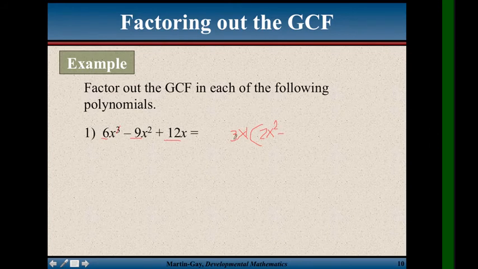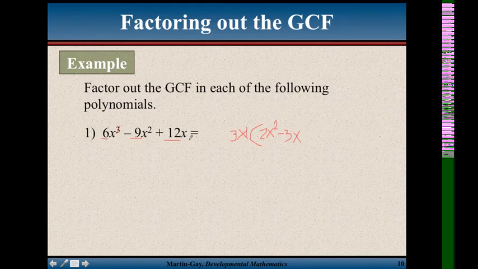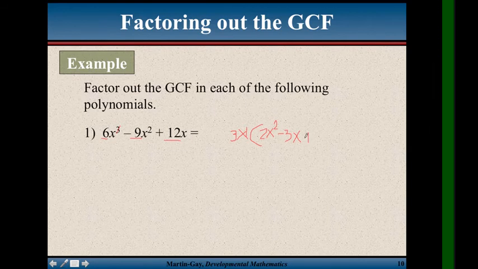Okay, so negative 9 divided by 3 is negative 3. And then how many x do we have? That's 2. 2 minus 1 is 1. So we still have 1x. By the way, if the exponent is 1, you don't need to write it. It is understood that there is one exponent on the x. It cannot be 0, because if it is 0, x will become 1, okay?